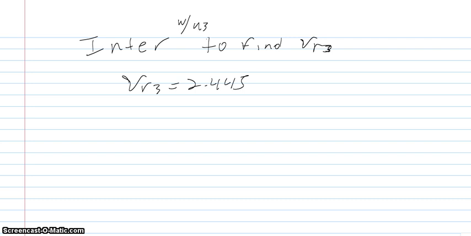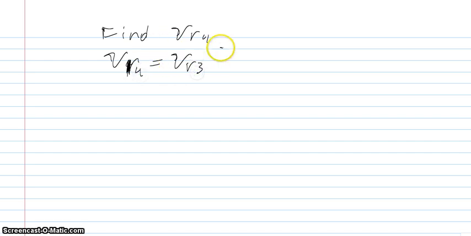Alright. Now to find VR4. VR4 is equal to VR3 times V4 over V3. Well, we know V4 over V3 equals V1 over V2.